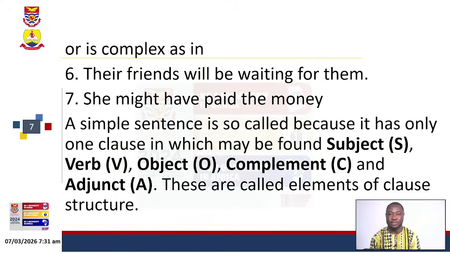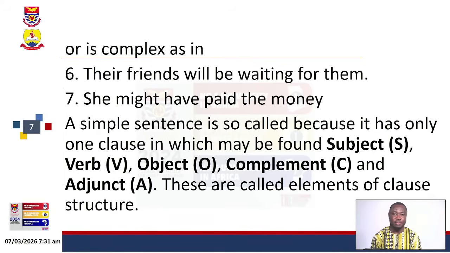And then the "be" verb is there to help us put the verb "wait" into the continuous form. A simple sentence is so called because it has only one clause or one idea in which may be found the subject, the verb, the object, the complement, and sometimes the adjunct.